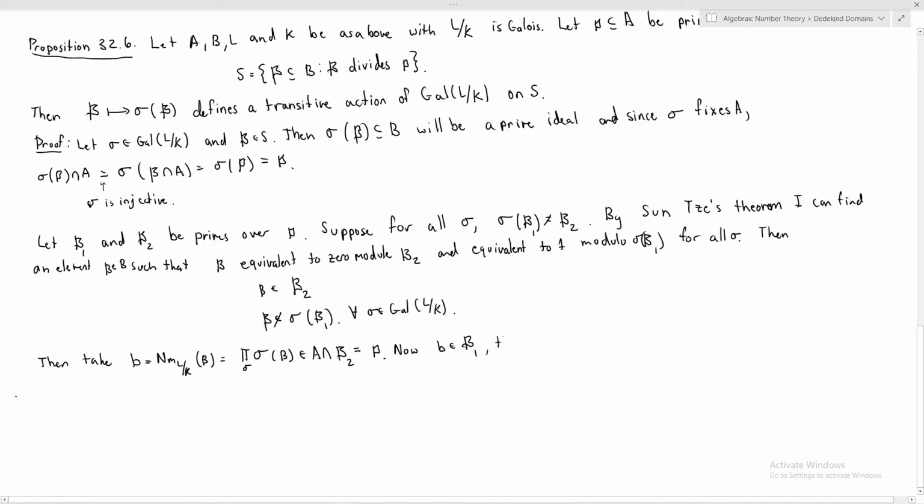Thus, since B1 is prime, if I view b as the product of these Galois conjugates, I see that one of the Galois conjugates has to lie in B1.